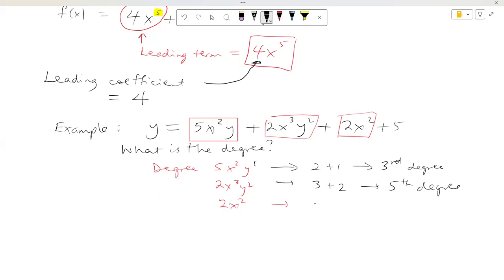So the degree here is just going to be 2. So that is a second degree term. And then the 5, which is a constant, as we've seen previously, is going to have a degree of 0. So that's a 0 degree.